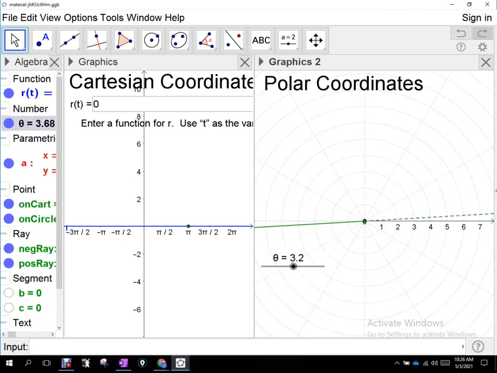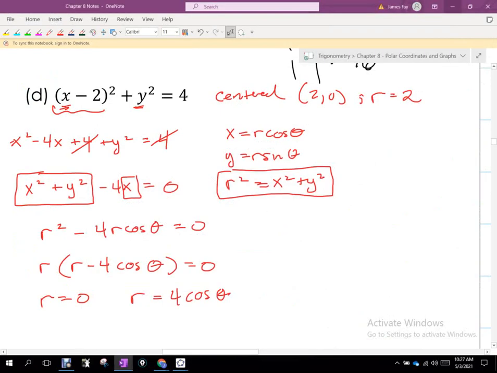So does that graph anything? It might be graphing the pole. Does that make sense? But it graphs the pole over and over again, which is just the pole. So that's a pretty boring graph, right? So that r equals 0 is something that we ignore. That's not what we're looking for. That's not this circle.